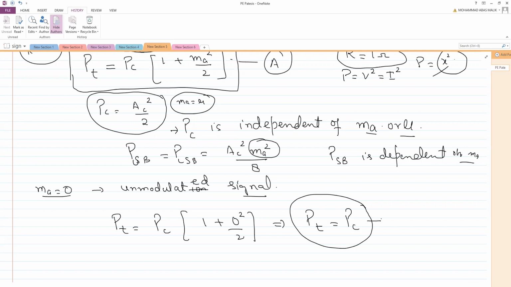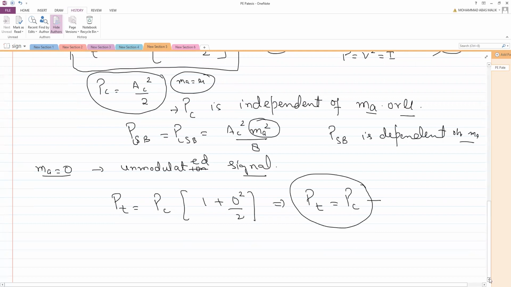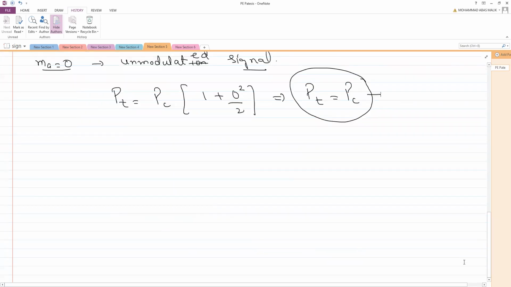Now, as you increase the modulation from 0 to 1, that means from 0% to 100%, what will happen? Take the second case, when MA is equal to 1, that means 100% modulation.